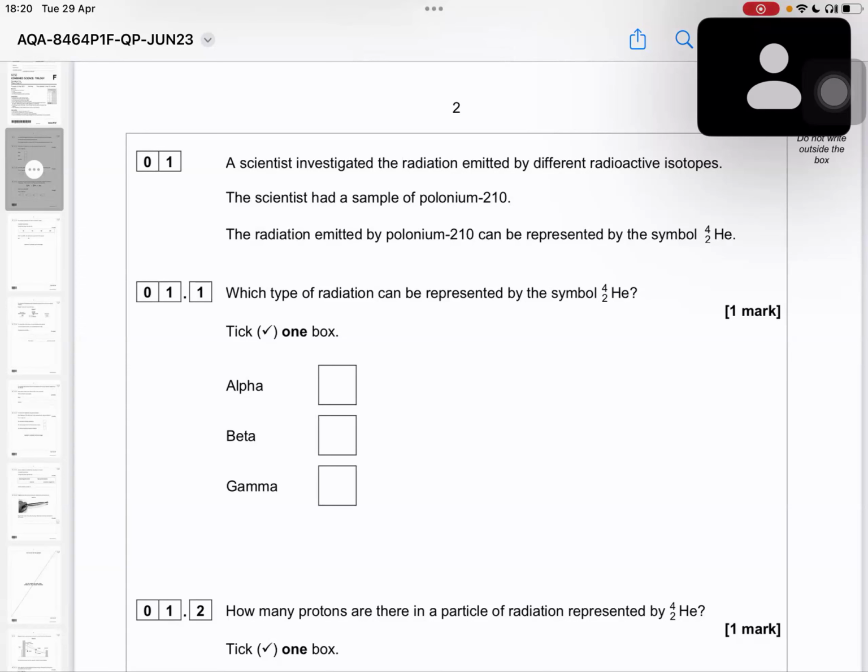So which one does it represent? I'm going to go for alpha. Alpha is the radiation that helium represents.